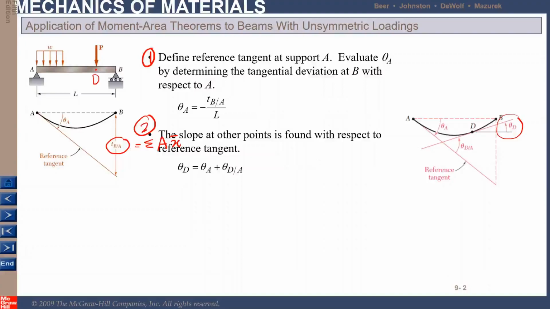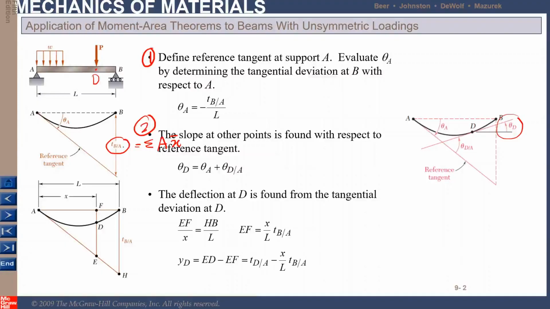So that is what you need to know in order to find the slope theta at a point in the beam. Next, we need to find the value of the deflection at point D. For this part, you can use this formula here. If you draw the triangle, we can get similar triangles in which we get a line EF over here.